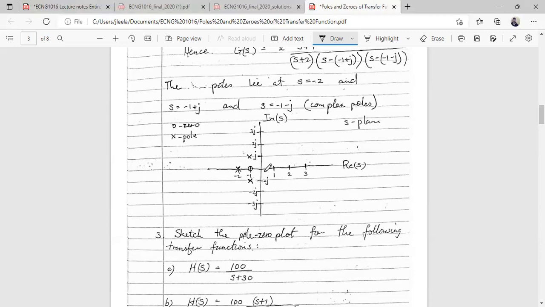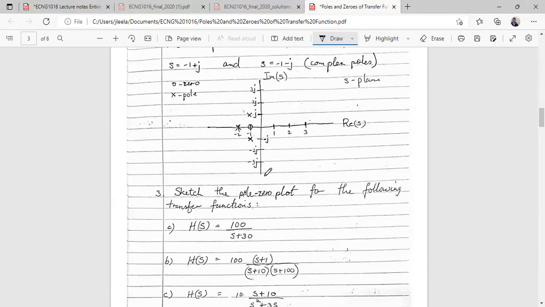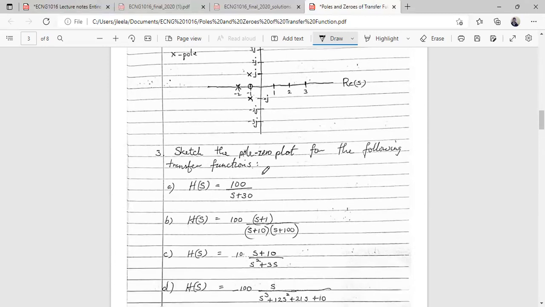But remember, the only thing that determines the existence of f(t) as t approaches infinity is the poles, not the zeros. So it's just the poles specifically you have to look at. Although if the question tells you to plot the zero, you have to plot it as well. But the poles are really the key to determine if the limit of the function f(t) as t approaches infinity exists or not.